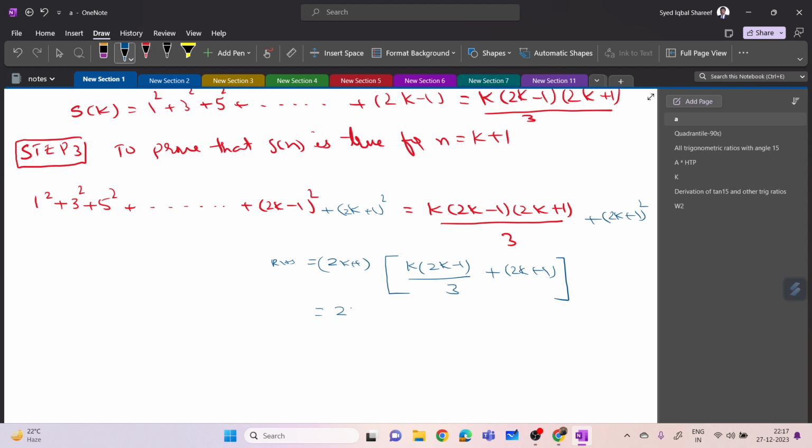So this is 2k plus 1 outside. Now we have to simplify this. If you multiply 3, 2k square minus k, this 3 will go here, 3 twos are 6, 6k plus 3. So 2k plus 1 by 3, 2k square minus k plus 6k is 5k plus 3.